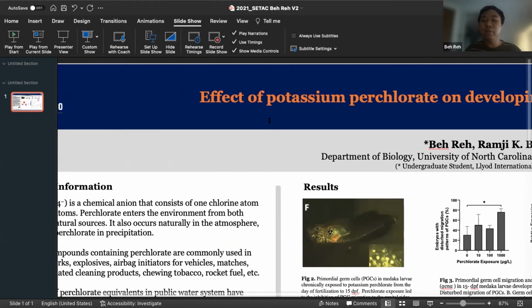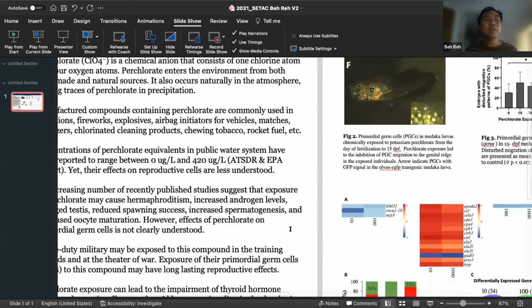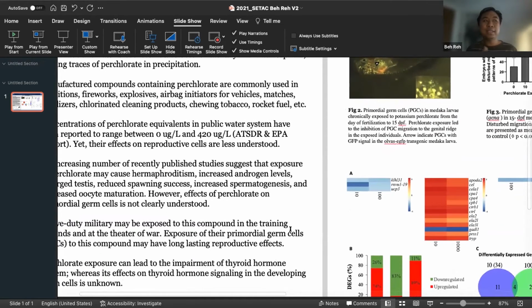So we want to see how this chemical, which is found in the environment and is man-made, such as in fireworks, airbags for vehicles, matches, this kind of stuff, and is released to the atmosphere and environment, affects the soldiers and people around who are exposed to perchlorate.